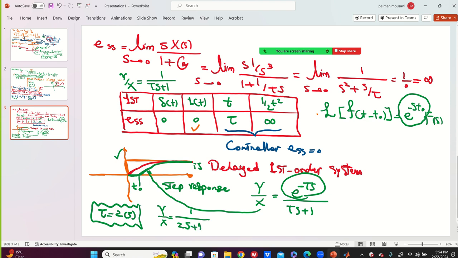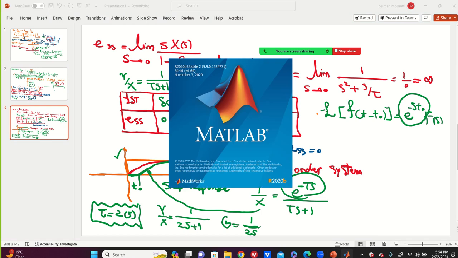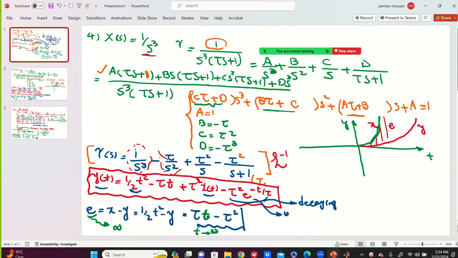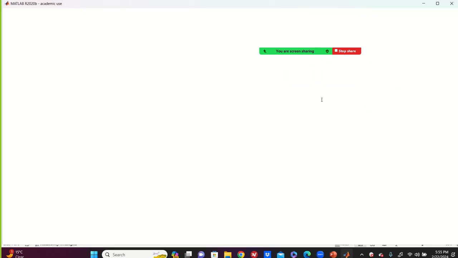And obviously the open loop transfer function that we're going to put in the Simulink is going to be 1 over 2s. You got it? Here we go, 1 over 2s.